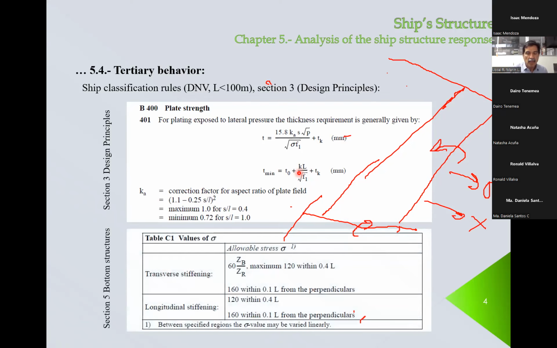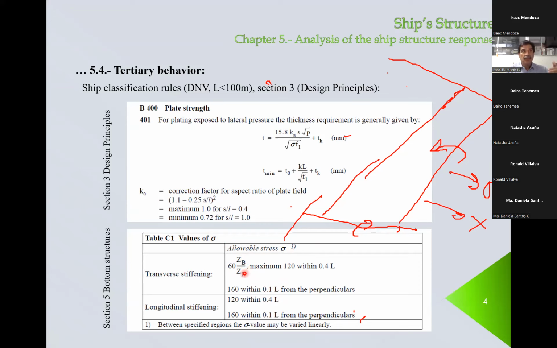Okay. Now here about the allowable value of sigma, this is very interesting, right? Because Z is the sectional modulus of the hull, okay? So if you increase this Z here, that means that the primary stress, for example, on the deck or on the bottom, reduces, okay?